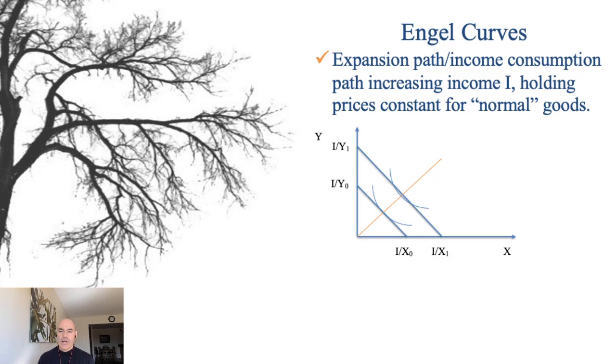So as income goes up and your budget constraint increases, your opportunity set enlarges. And thus, each consumption bundle that represents the point of tangency of the indifference curve to each associated budget constraint is on the income consumption path, indeed.